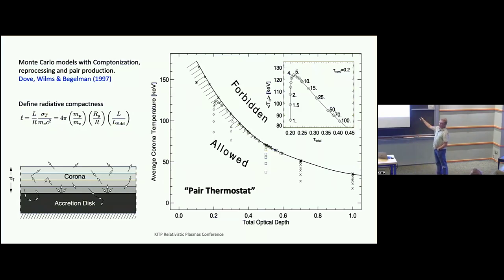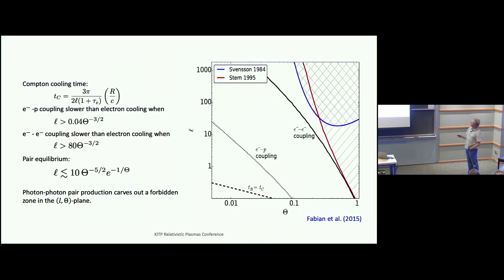It's this L here. It turns out that this L is a very useful quantity because we can start to map out the physics on the compactness-theta plane, and you can put a lot of the key quantities in terms of this compactness. For example, the Compton cooling time of the electron population is given by this expression.